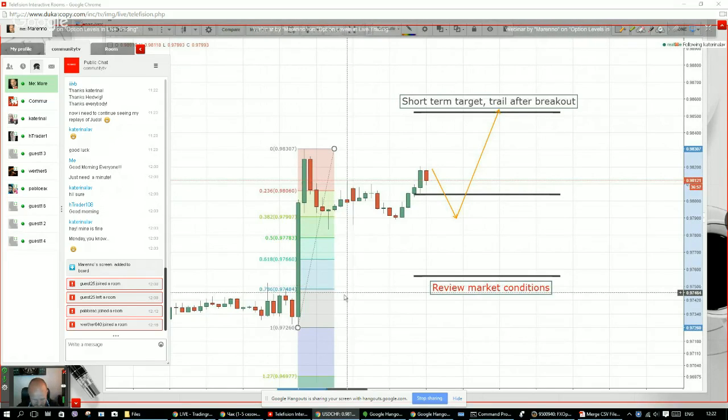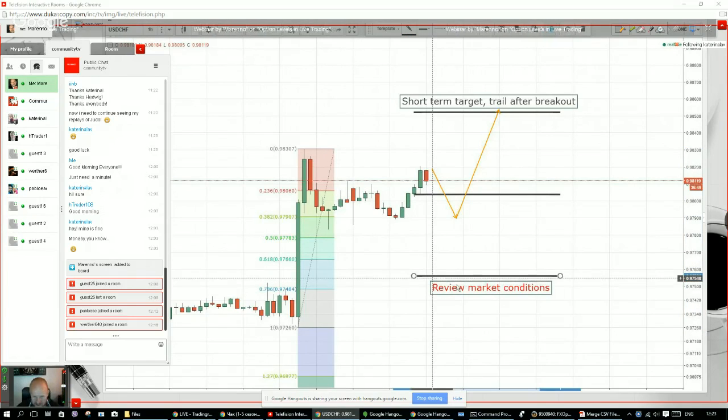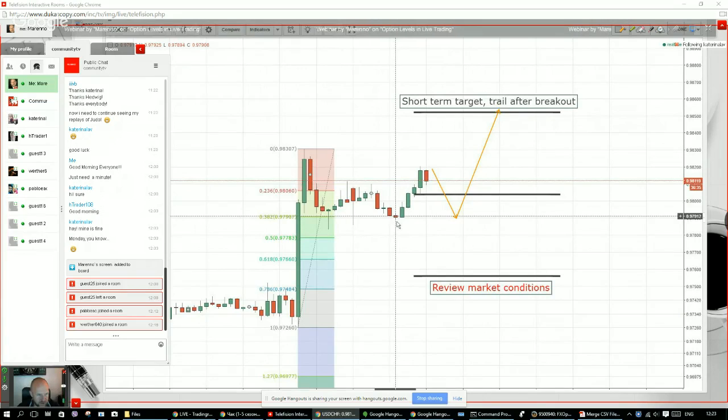The price can simply continue to drop from this level. It's also very similar to the level I've got here, 0.97561. So for now, looking for buying opportunities at around this low, 0.97894.